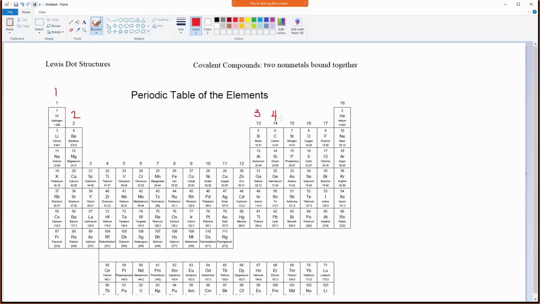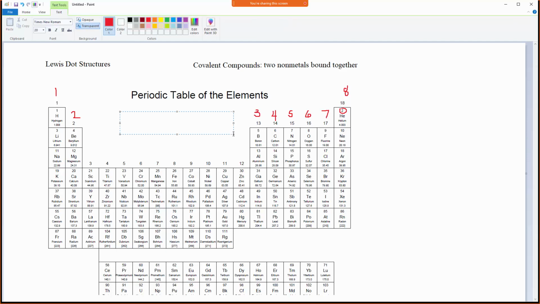And then we've got 4 valence electrons, 5 valence electrons, 6 valence electrons, 7 valence electrons, and then everything here has 8 with, of course, the obvious exception of helium because he only has 2, right? Now this isn't the total number of electrons. This is the number of electrons in the outermost shell, which are responsible for the chemical properties. So these, as we call that, are valence electrons, valence being the outermost shell.